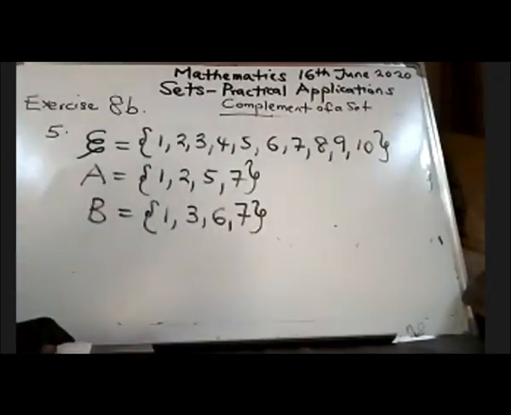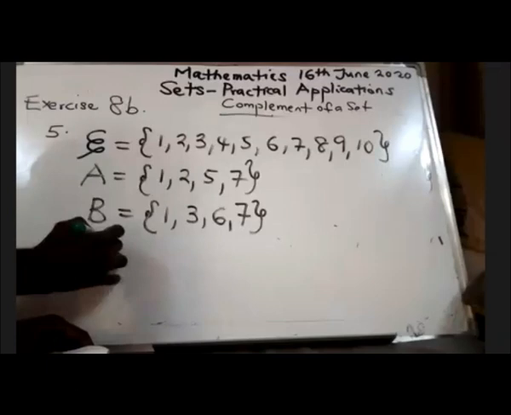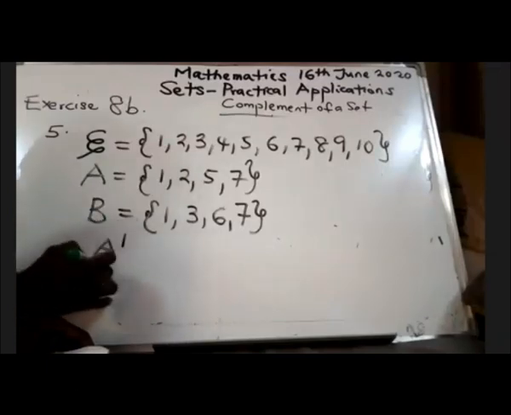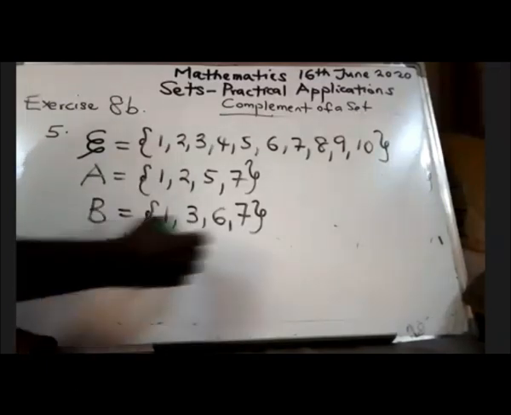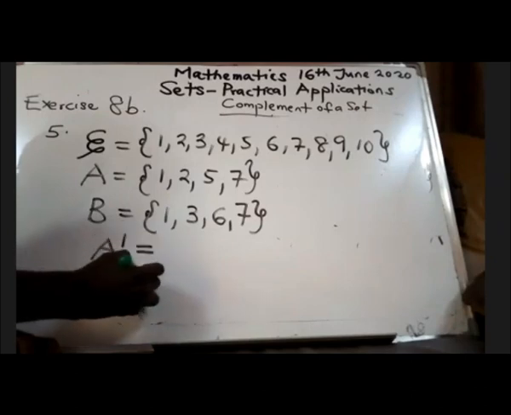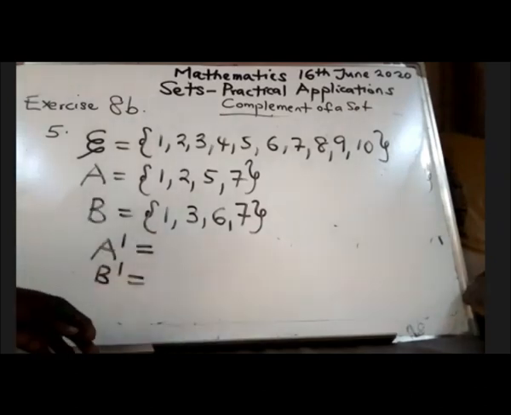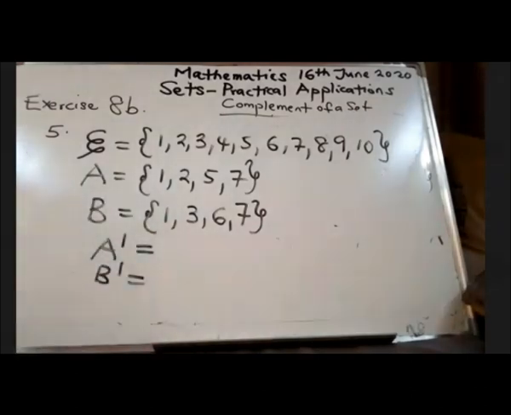Now, it says we should write down the sets. This is what you're going to do for me. Write down the sets A prime, B prime.